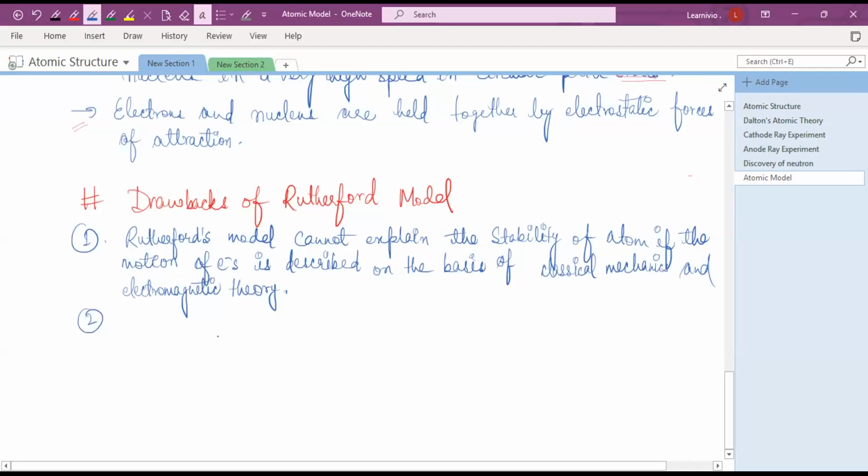Okay. Second drawback of Rutherford was that उन्होंने कोई आइडिया नहीं दिया था कि इलेक्ट्रॉन्स का डिस्ट्रीब्यूशन कैसे होता है अराउंड द न्यूक्लियस, ओके, अकॉर्डिंग टू देयर एनर्जीज.